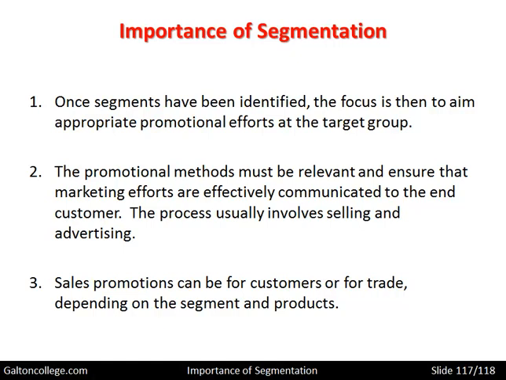So when we're looking at segmentation, we must also include the possibility that the company is selling to companies. Well, if it's selling to companies, then we could go through a different type of segmentation classification. So it depends on the nature of the product.